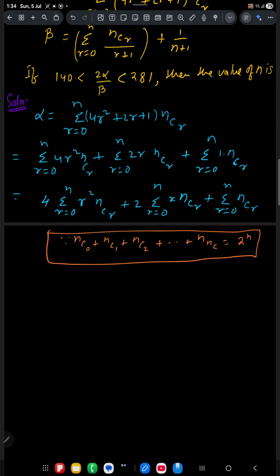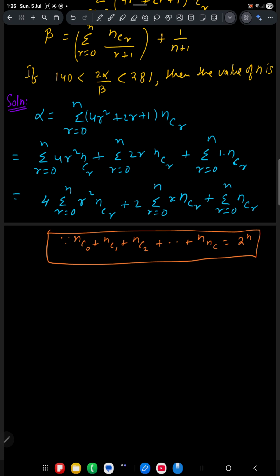So this expression will become nC0 when r is 0, nC1 when r is 1, nC2 when r is 2, and nCn when r is n. So it will become 2 to the power n. Okay, it is the summation of these terms, nCn.